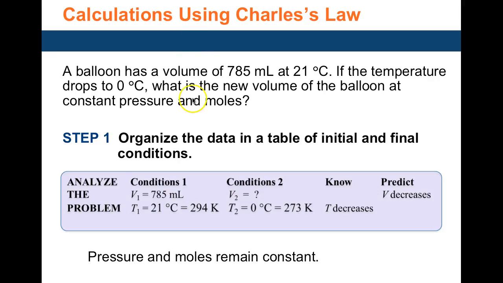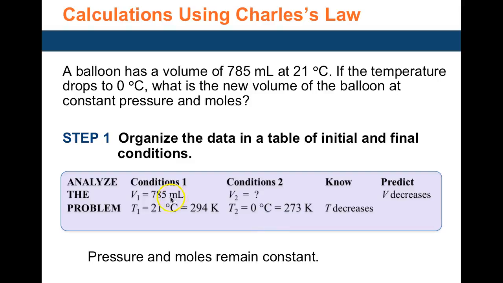A balloon has a volume of 780 mL at 21 degrees. Remember, never solve gas law problems in degrees centigrade. Always convert into Kelvin. If the temperature drops to 0 degrees, which is 273 K, what is the new volume? So the volume has to go down.